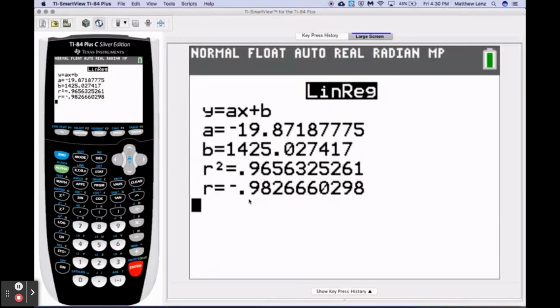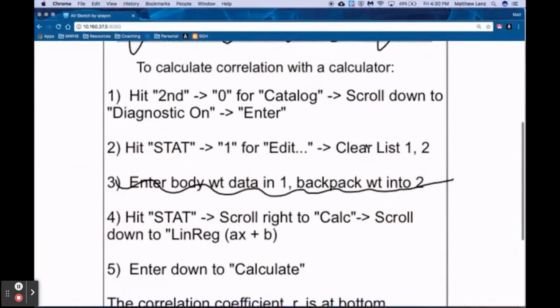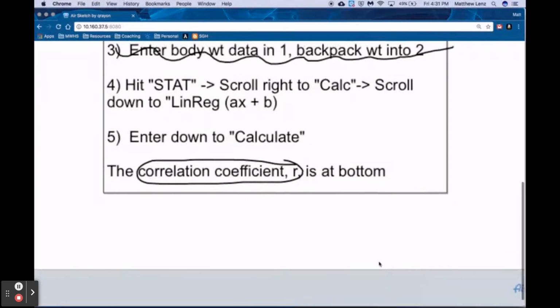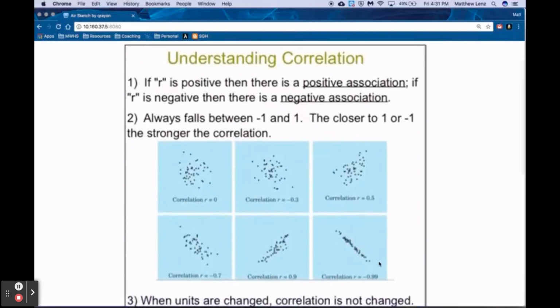Okay, so let's go back to our notes here. Again, everything we just did is right here. And like I said, r is called your correlation coefficient. Your correlation coefficient, again, is on a scale from -1 to 1.